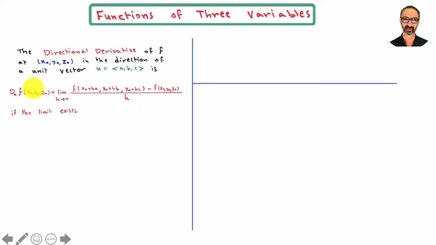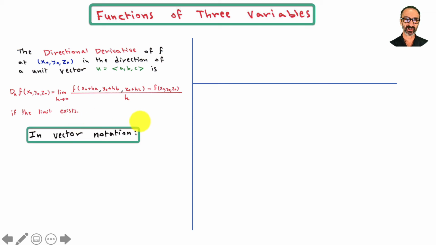This is like a slope of a tangent, as you could see. In calculus 1, this would be called like f of (x plus h, y plus h) minus f of (x, y) over some h, some difference.